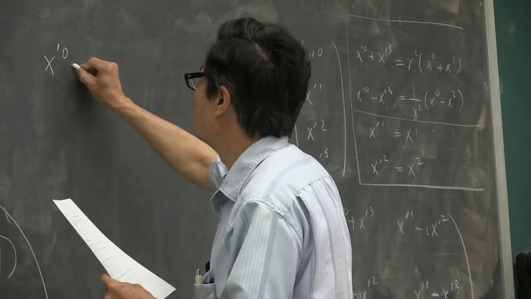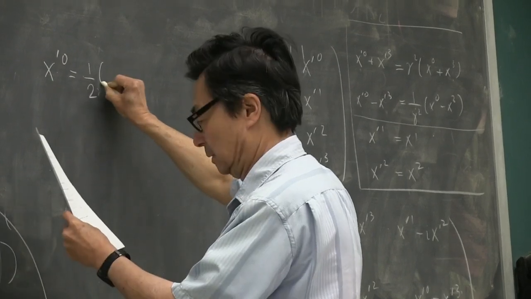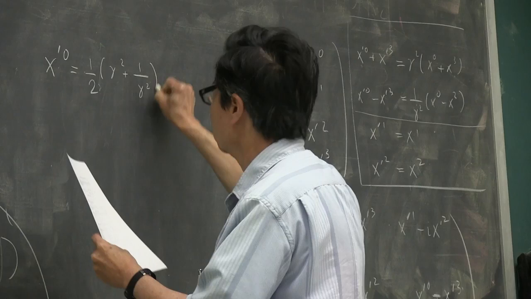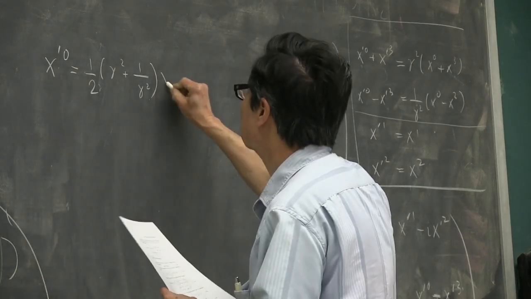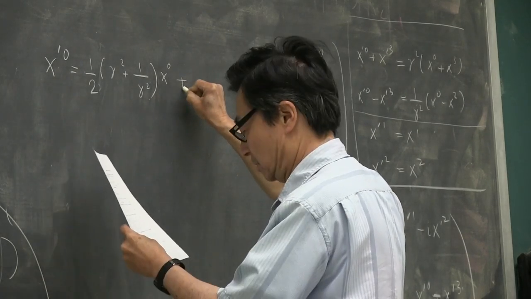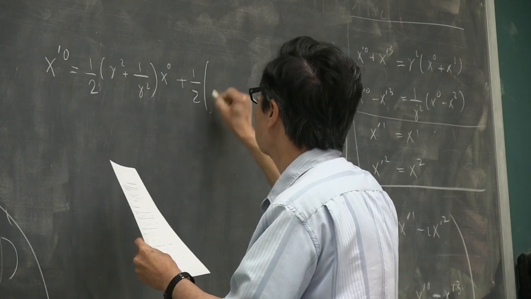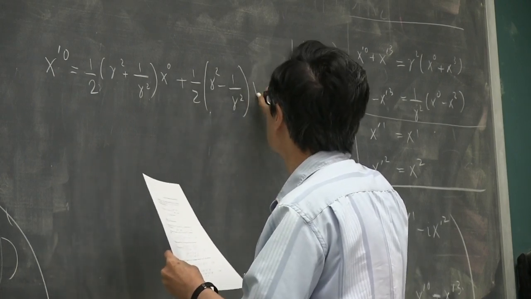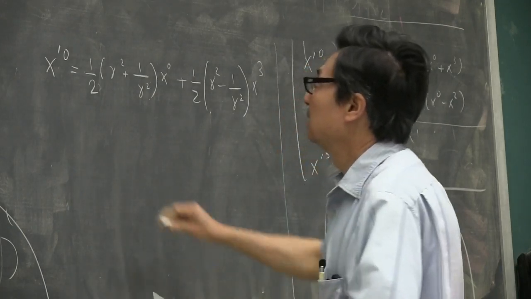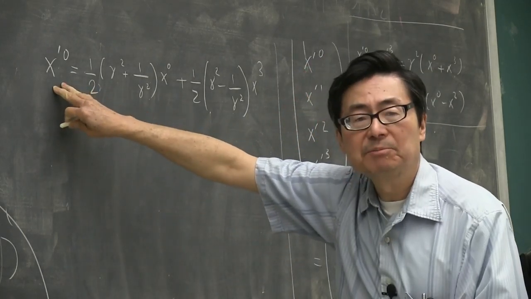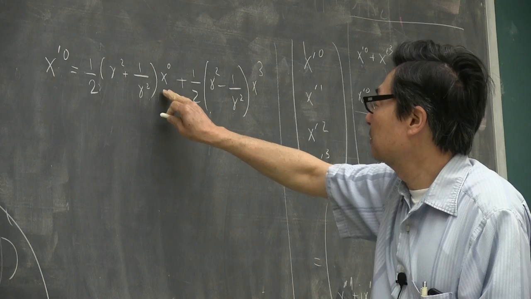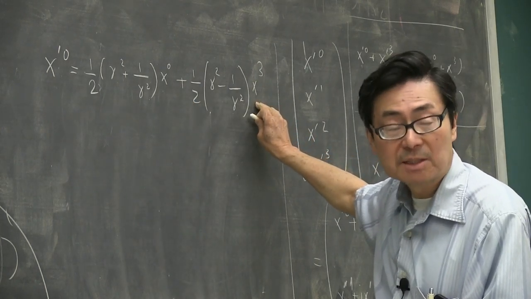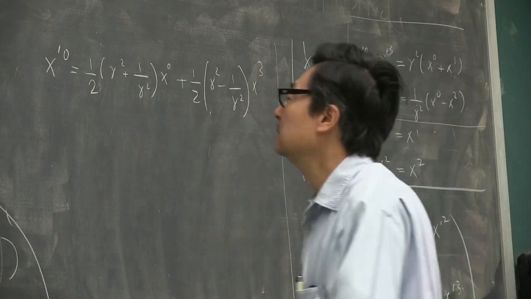And you find that very trivially, this is equal to 1/2 gamma squared plus 1 over gamma squared x sub 0. Now gamma is a constant, okay? Plus 1/2 gamma squared minus 1 over gamma squared x3. So you see, the new time component is a mixture of the old time component and one old space component, okay?